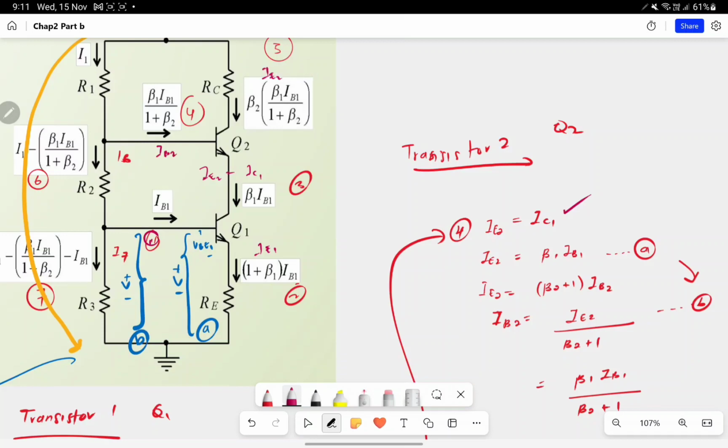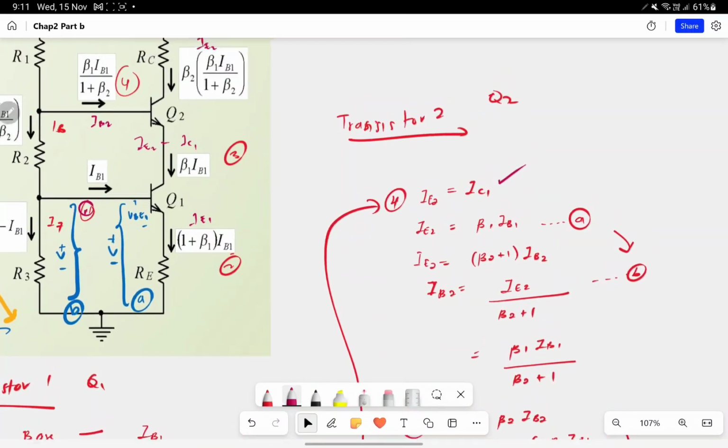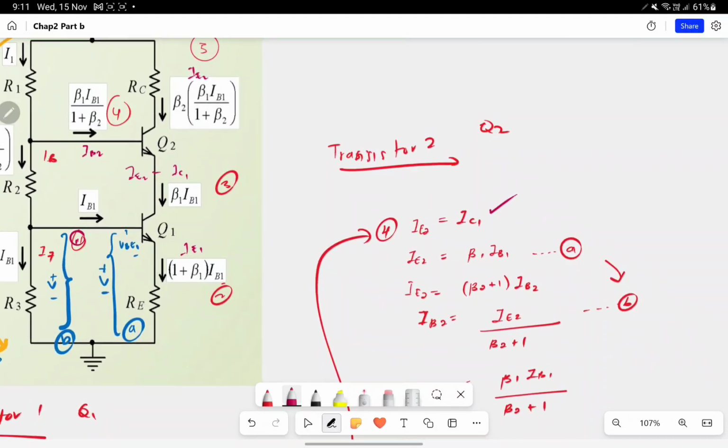For IB2, the relation with IE2 is IE2 equals (beta 2 plus 1) times IB2. We already know that IE2 equals beta 1 IB1, so we replace it inside the equation.